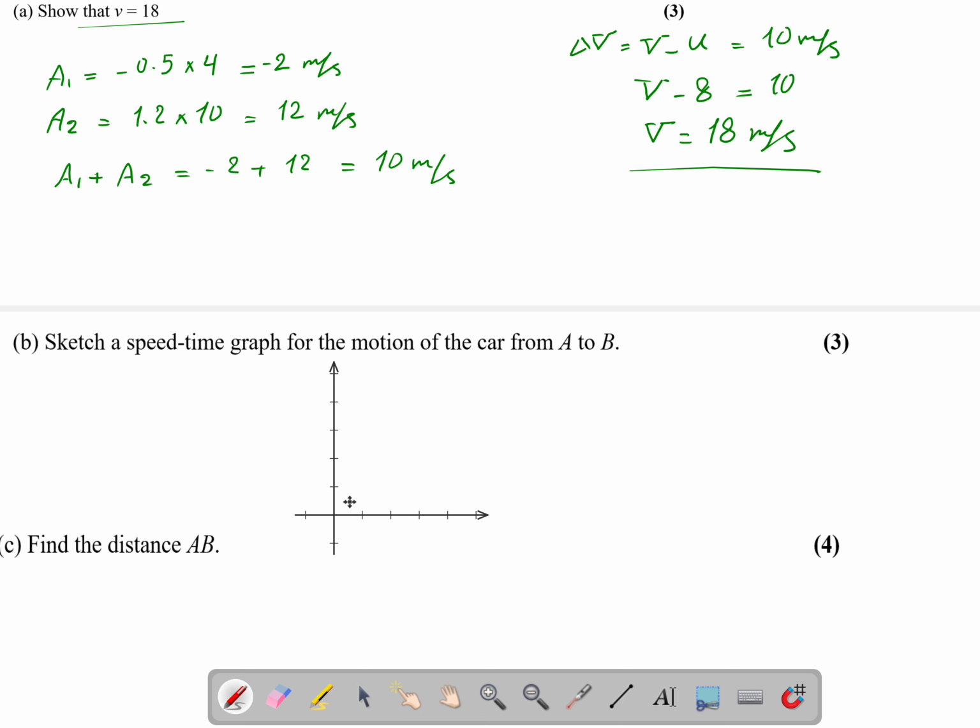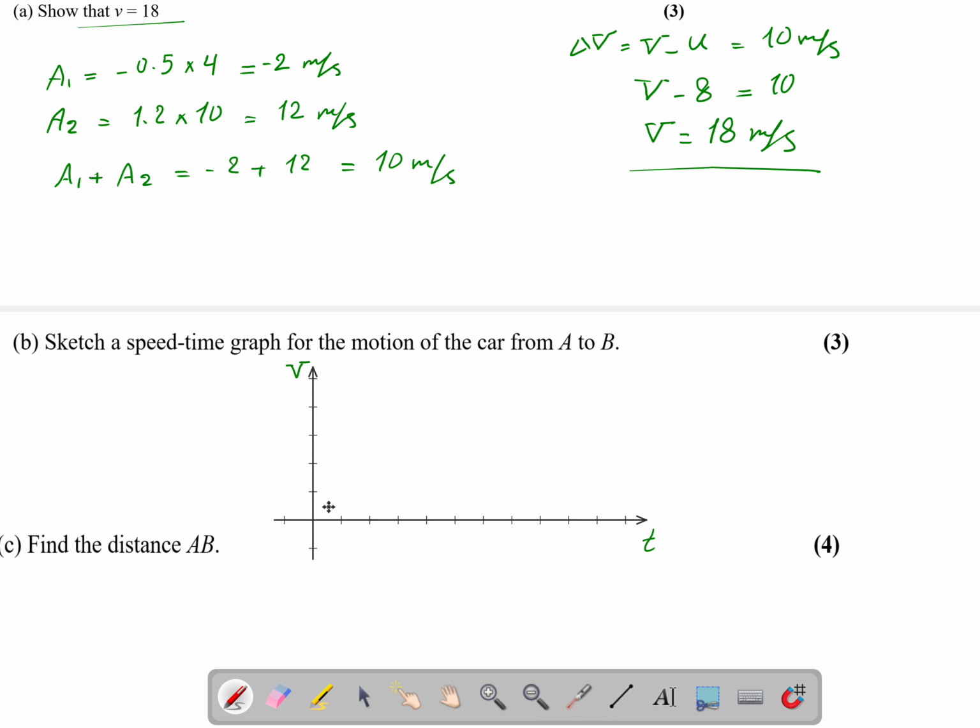It is a velocity or speed time graph, speed. And let me extend part of the graph because we may need it. Time.